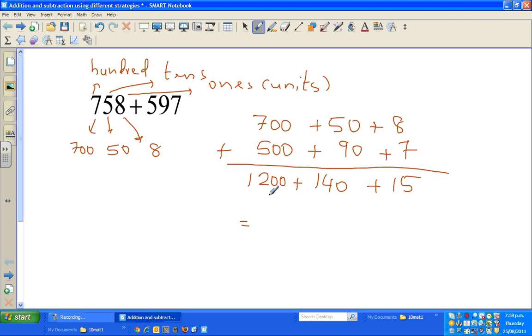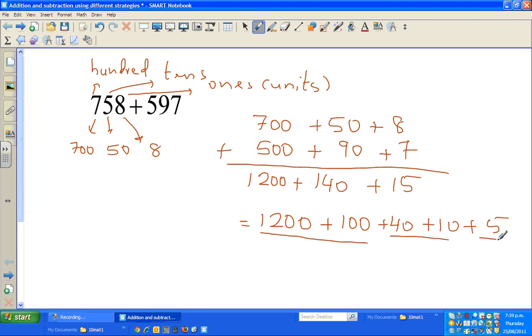If you want to separate this in groups, this is 1200 plus 100 plus 40 plus 10 plus 5. Let me add the hundreds. These are the hundreds, these are the tens, and this is the ones. So this becomes 1300 plus 50 plus 5.